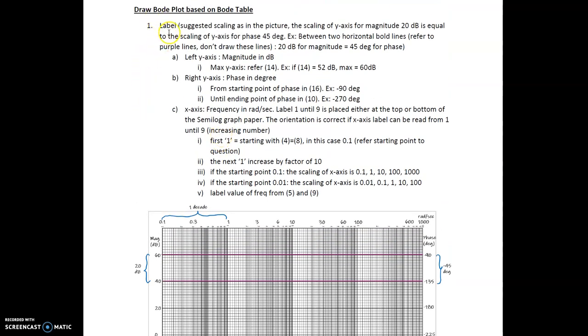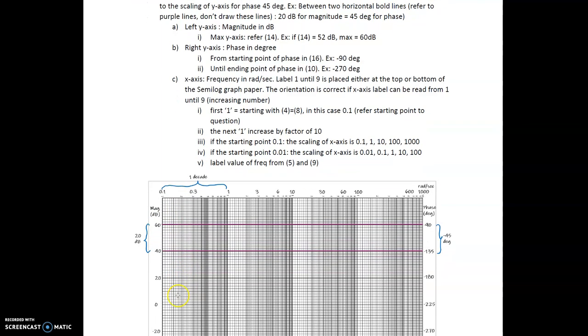The first one, to label, suggested scaling as in the picture. The scaling of the y-axis for magnitude 20 dB is equal to the scaling of the y-axis for phase 45 degree. For this one, I choose between two horizontal bold lines, referring to the purple one.